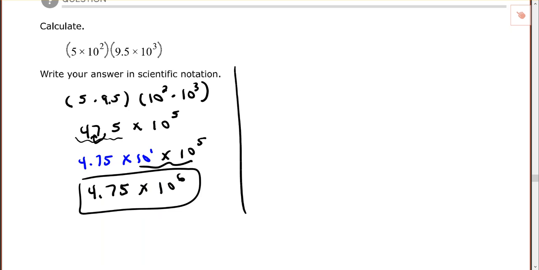So another quick example here. If you have 38.3 times 10 to the third, and we need to write this in scientific notation, we notice that the 38.3 is not in scientific notation because we need only one non-zero digit to the left of the decimal.